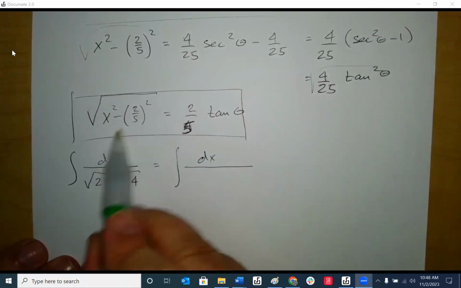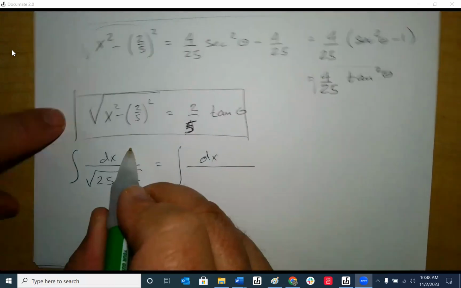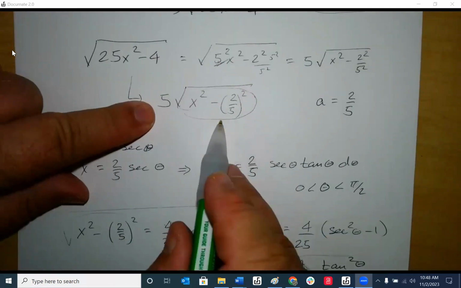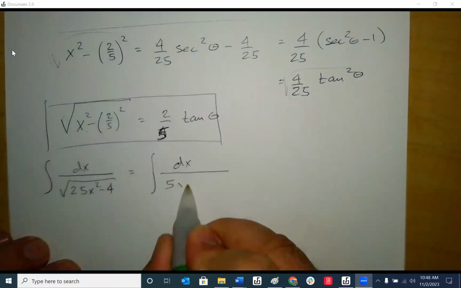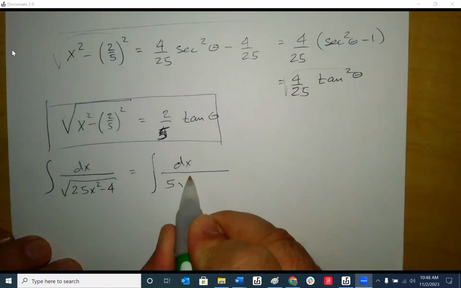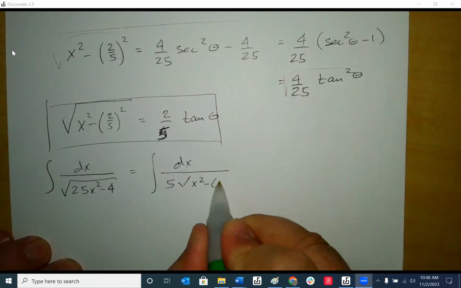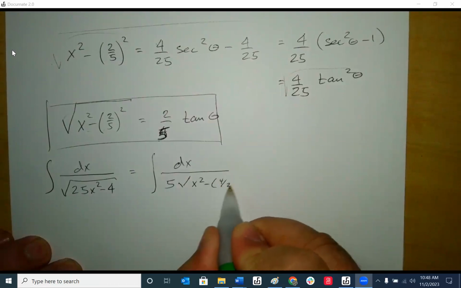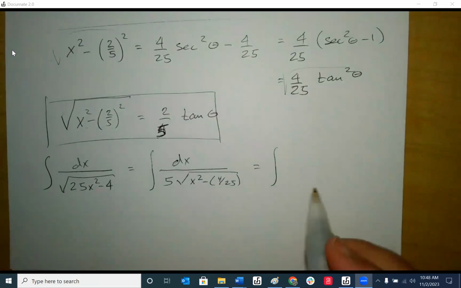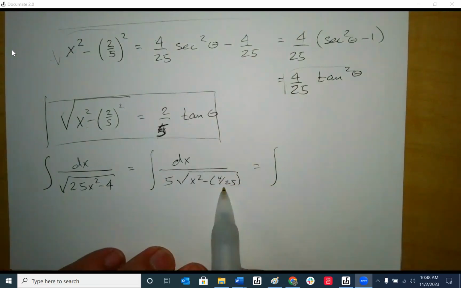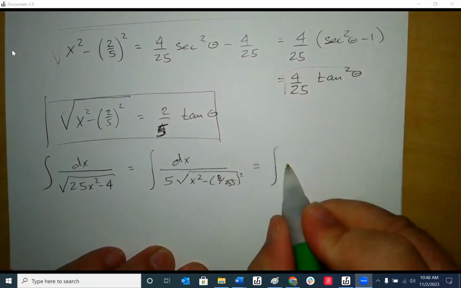This whole bottom part became 5 radical x squared minus 4/25, which became what we have here, (2/5) squared.